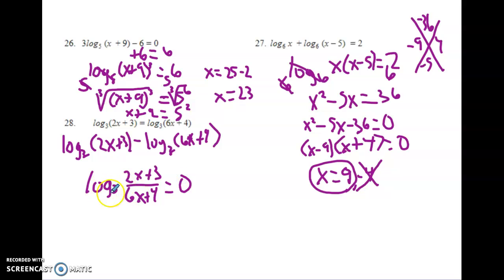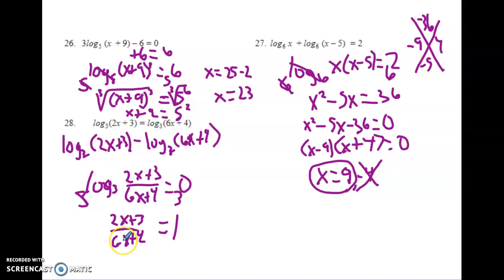To get rid of the log base 3, I'm going to raise everything to the power of 3. The 3 and the log base 3 cancel out. I just get this 2x plus 3 over 6x plus 4 equals, well, 3 to the 0 is just 1. Anything to the 0 power is 1.